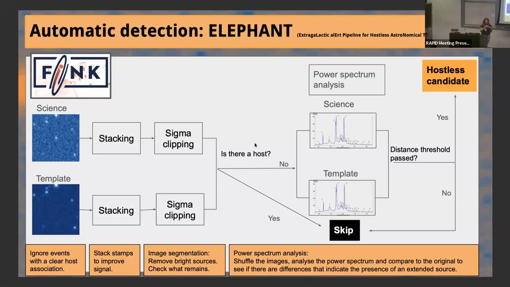If the distributions of the unshuffled template and the shuffled template are on top of each other, we say, okay, we are not shuffling anything else than noise. So this event is hostless. And if the distributions are different, are separated, then we say, okay, there is something else there. There is some other signal, and so there is a host.